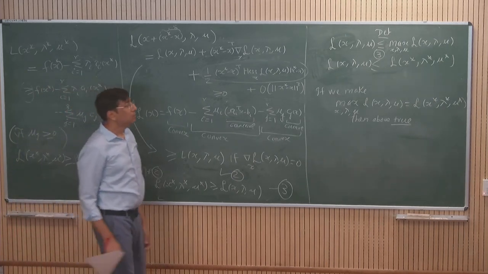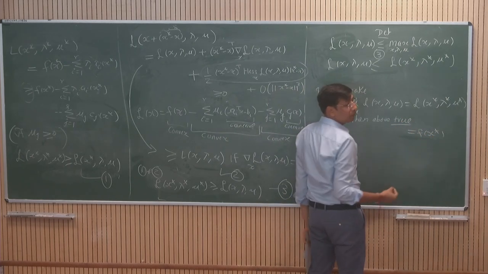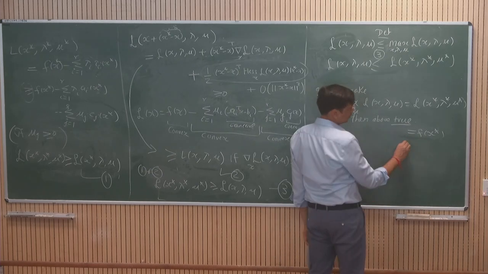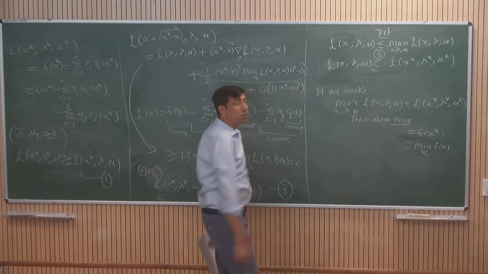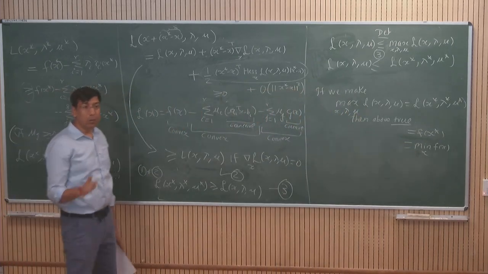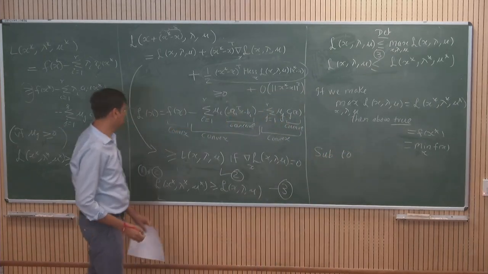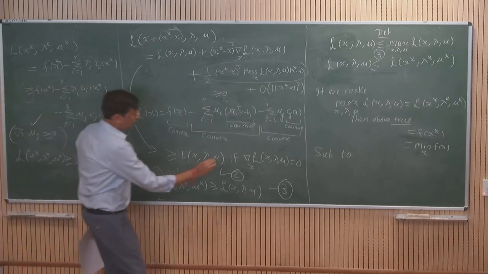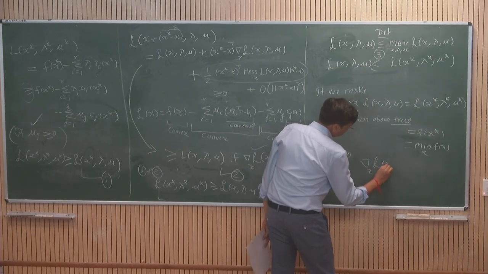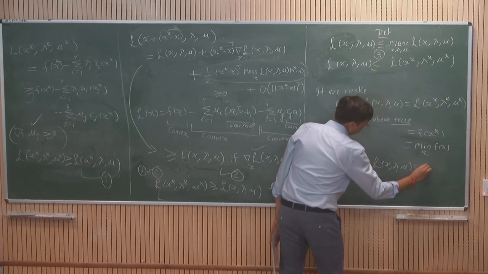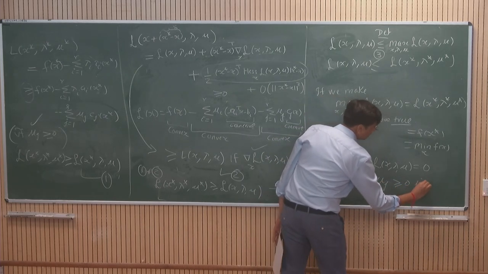Everybody? What is this? F of x star. What is f of x star? The minimum of f of x. So you've converted the minimization problem to a maximization problem, only if, subject to, what were the things which we assumed in proving this? We assumed this and we assumed this. So we have to write those constraints. So subject to the gradient of the Lagrangian with respect to x is equal to 0 and mu j greater than or equal to 0, j equal to 1 through s.